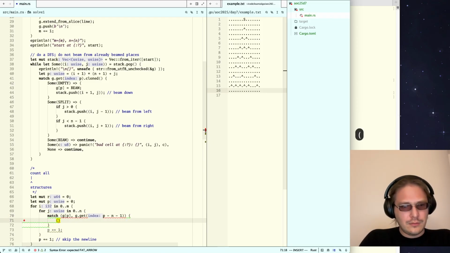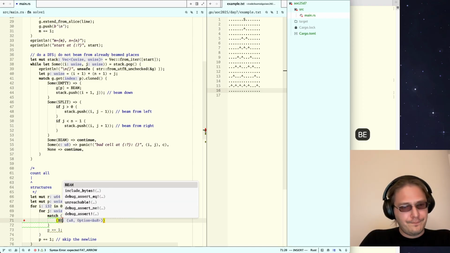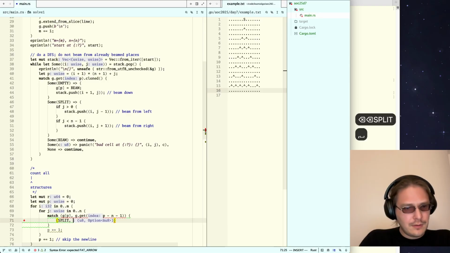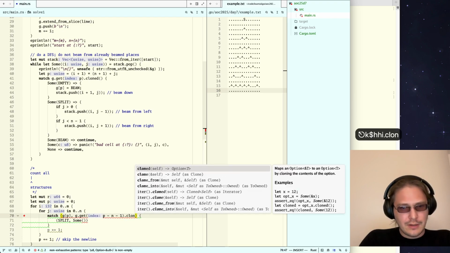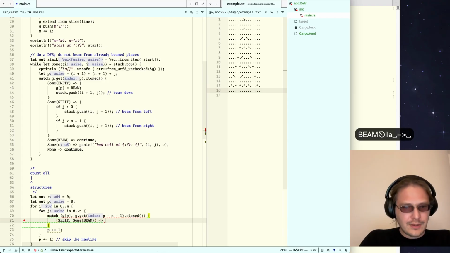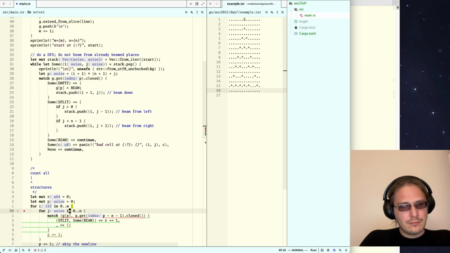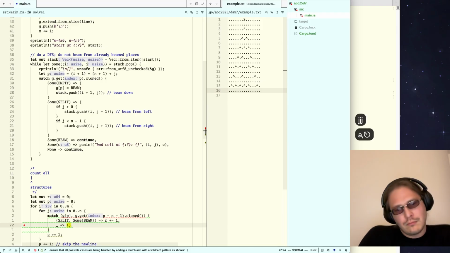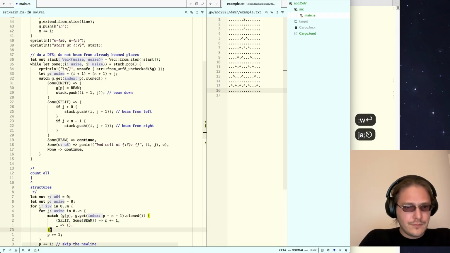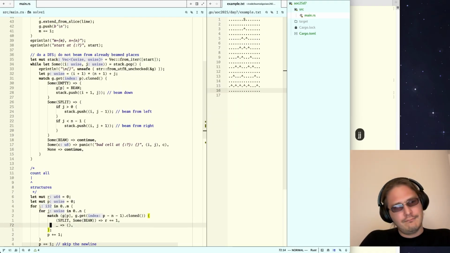So if we match with split and some again cloned and some beam above it, then result is incremented by 1. Any other case, continue. I could split it, but I could just rewrite this as an if, but yeah, that's good to know.